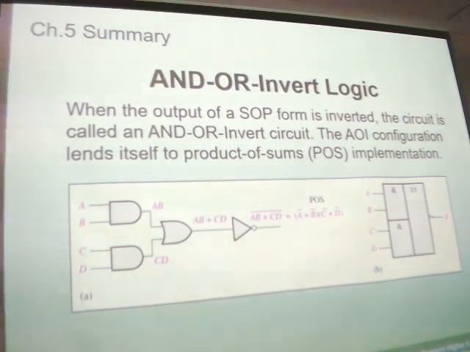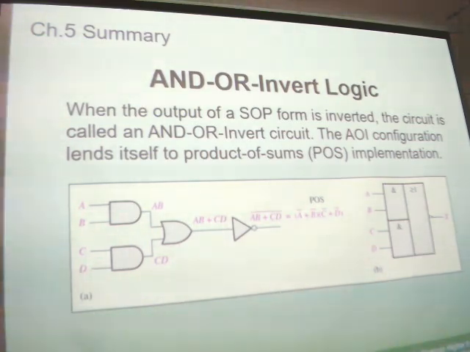AND-OR-Invert logic. If we use AND-OR-Invert logic to represent an SOP expression, then the SOP form is inverted. The circuit is called an AND-OR-Invert circuit. The AOI configuration lends itself to product of sums implementation.